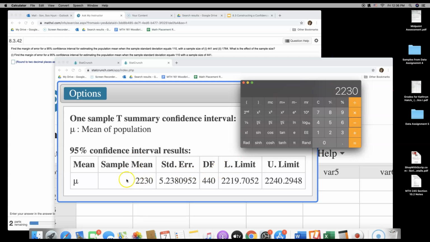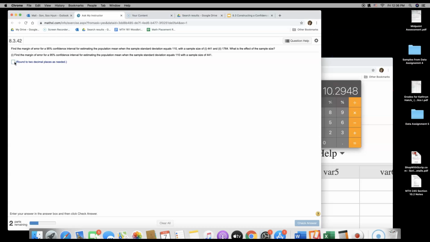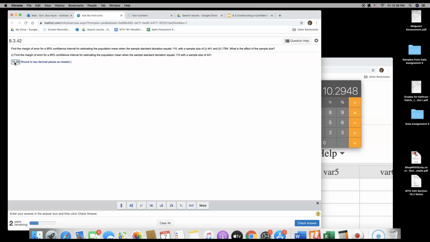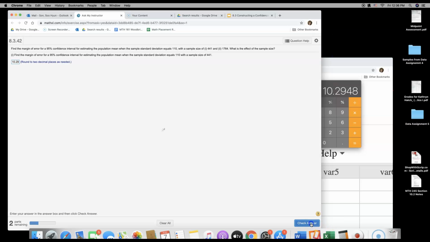Completely random. We really didn't need what that number was. If I click enter, the margin of error comes out to be 10.29. So let me enter that, 10.29. I was able to use StatCrunch by giving it a dummy point estimate for the sample mean, because the margin of error formula didn't really involve the point estimate.